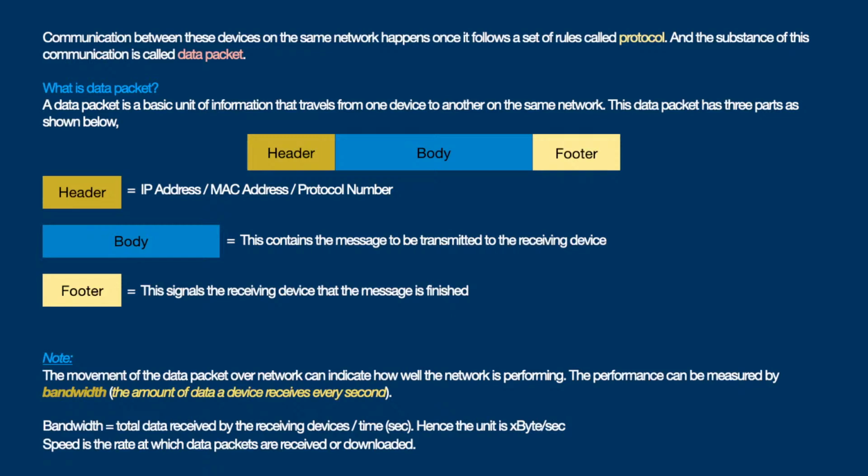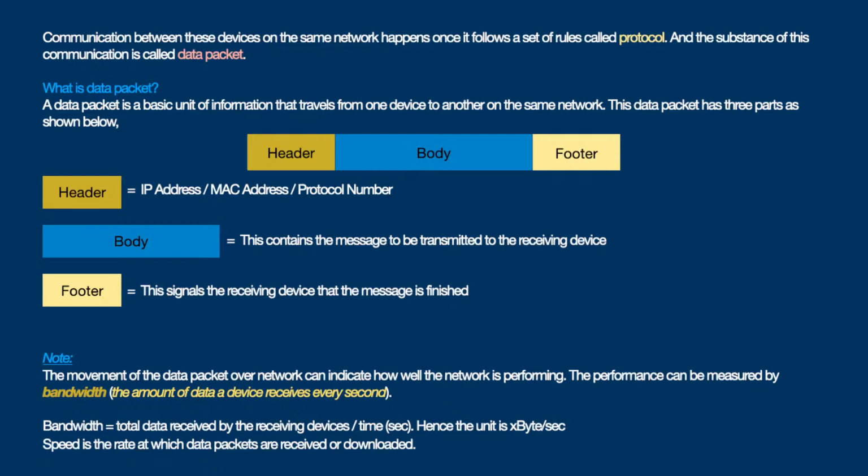You put the letter inside the envelope, then you write the address of the company you are addressing the letter to. Having done that, you have your own address also written on it, which is the sender address and the recipient address. The same thing applies to the data packet.